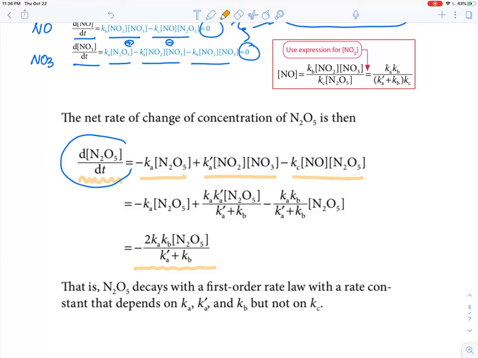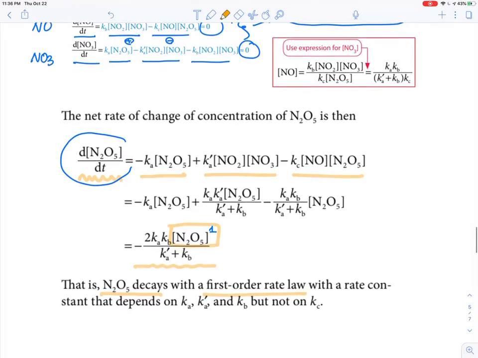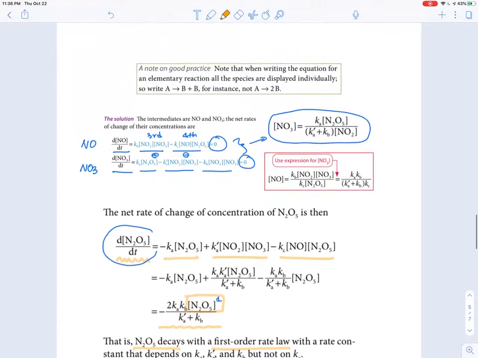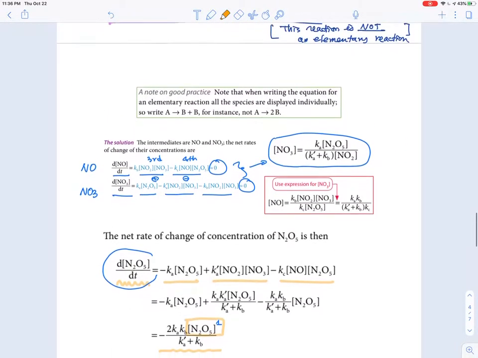So this is a good example where, as a net result, you are seeing the first order reaction. Therefore, the decay of N2O5 follows a first order rate law, and it is a combination of that. That's how people calculate.